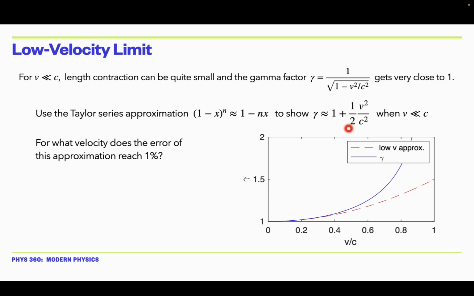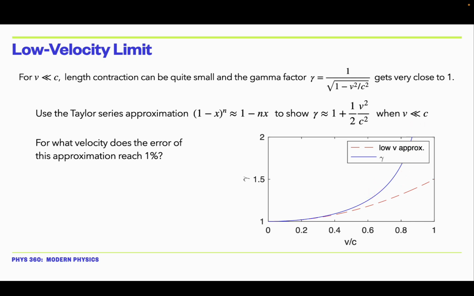If you plotted this alongside gamma, you can see that the blue curve is gamma and the dashed red curve is this approximation. For velocities much less than the speed of light, the two curves match up pretty well. Once you get close to the speed of light, 50% or even closer, the curves radically diverge.